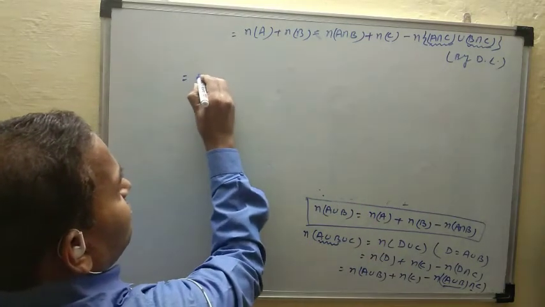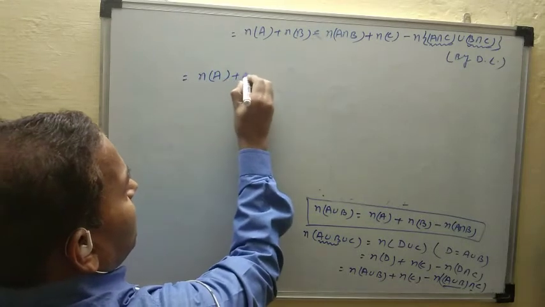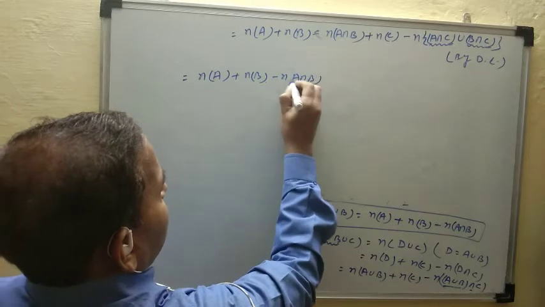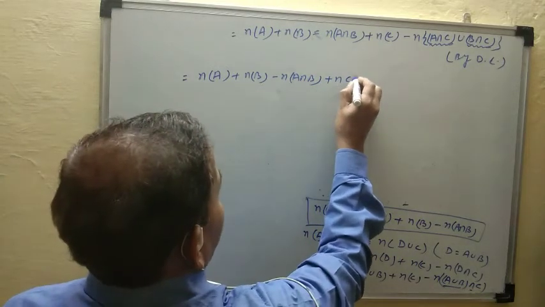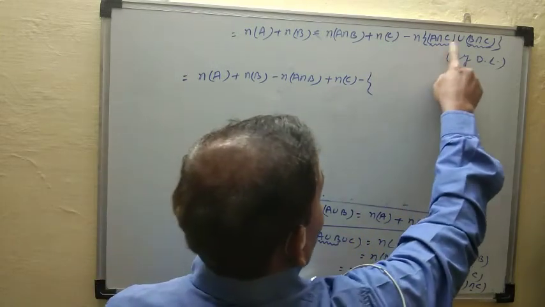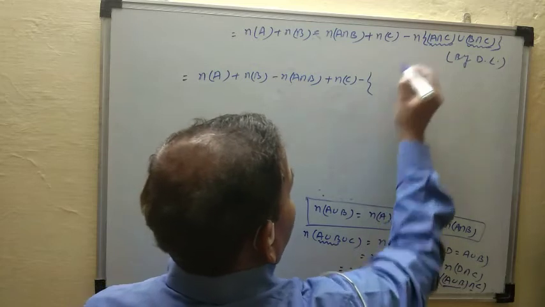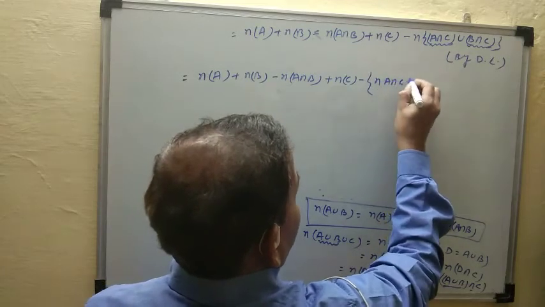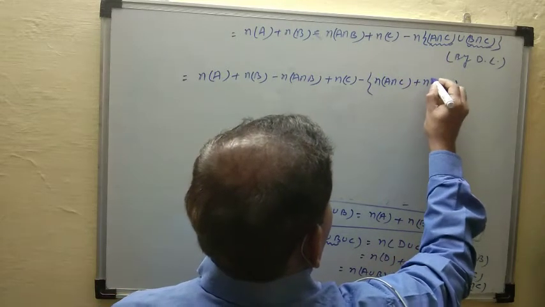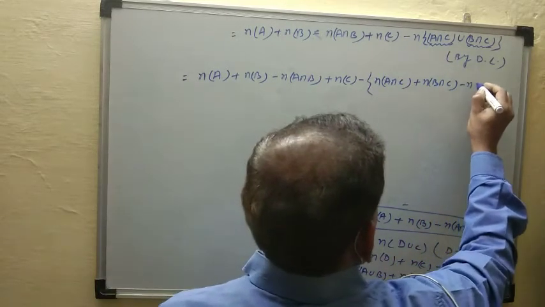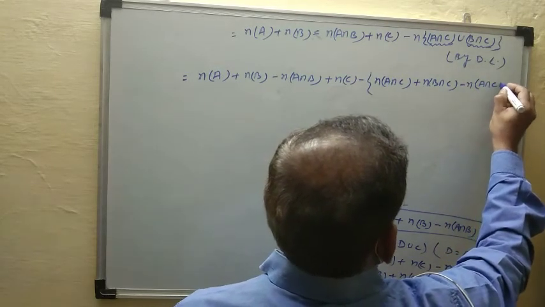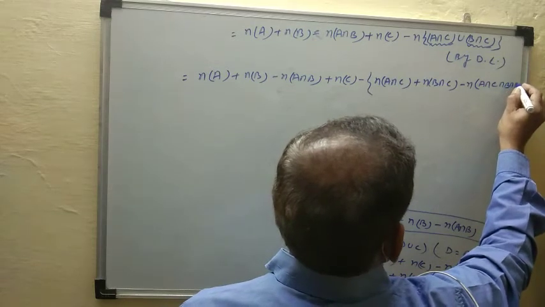So this equals number of A plus number of B minus number of A intersection B plus number of C minus, using the formula number of A union B: number of A, that is A intersection C, plus number of B, that is B intersection C, minus number of their intersection. Intersection means A intersection C and intersection B intersection C.